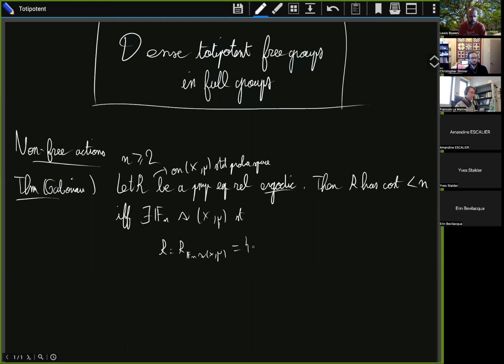It's really the set of all (x, gamma x), where gamma belongs to the free group. And the action is not free.